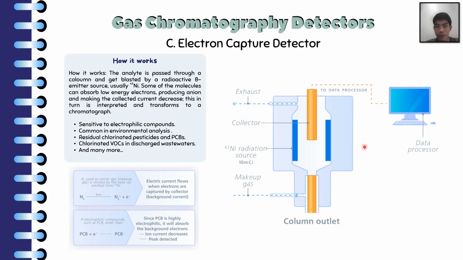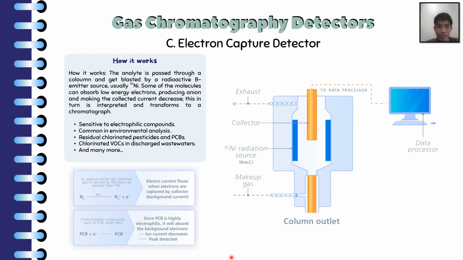In the absence of an organic species, a constant standing current between a pair of electrodes results from this ionization process. The current decreases markedly, however, in the presence of organic molecules containing electronegative functional groups that tend to capture the electrons, hence the name electron capture detector. Compounds such as halogens, peroxides, quinones, and nitro groups are detected with high sensitivity.